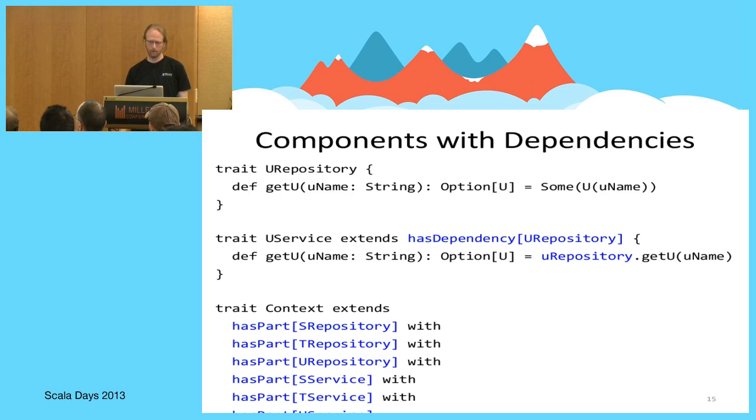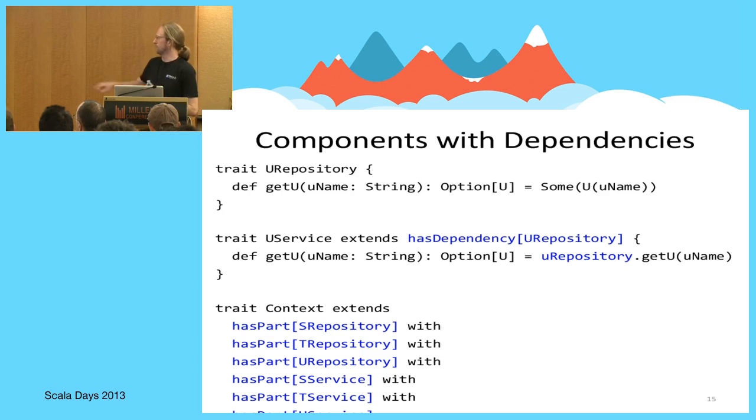Let's talk about components with dependencies, because it isn't just your main application class that is going to reference the services you want to provide in your application. Services have dependencies on each other. So here the use service, which is designed to handle business logic involved with the U entities, sometimes needs to delegate to the database, to the U repository, to look up U's or persist them or whatever.